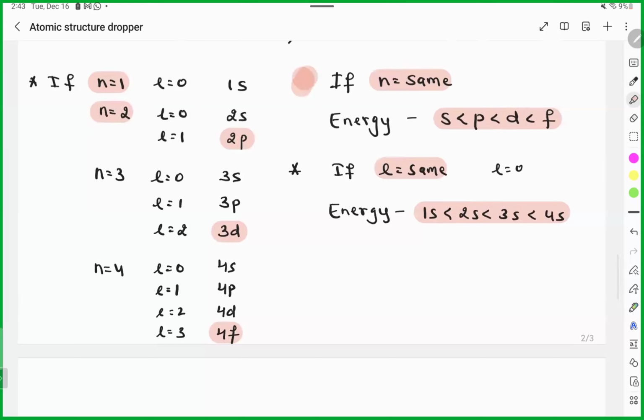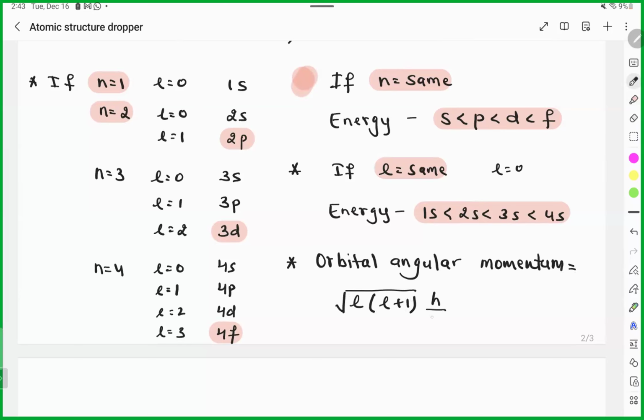No, sir. Next is the orbital angular momentum. How to calculate orbital angular momentum? As we know, this orbital angular momentum will depend upon the L value. So this will be equal to under root L into L plus 1, times h upon 2 pi.